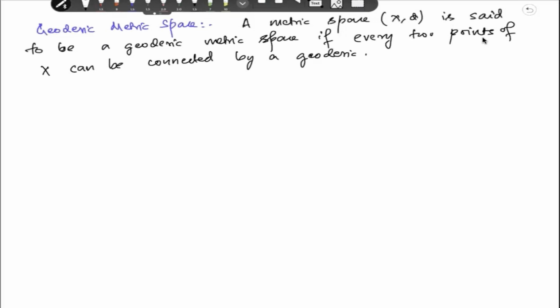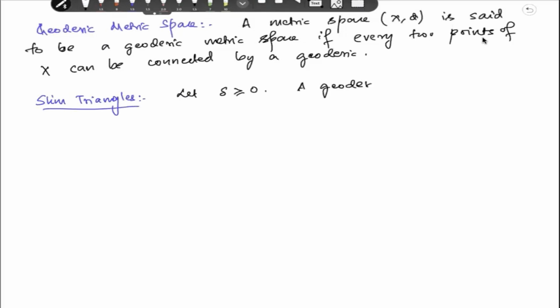Okay, now let me define what you mean by slim triangles. Let us take a non-negative number delta. By triangle here, I mean geodesic triangle.